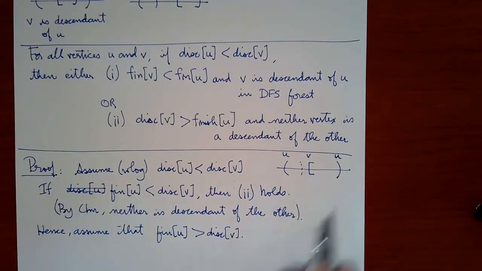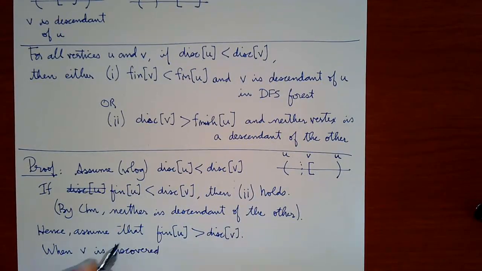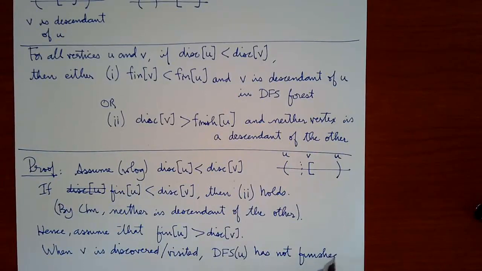Remember, the finish time of U is greater than the discovery time of V, which means when V is discovered or visited, DFS of U has not finished, right? Because the finish time is greater than the discovery time.